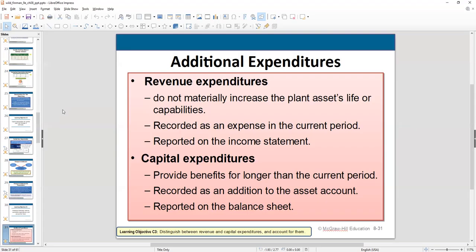So those are called the de minimis repair rules. But for our purposes, something is going to be a revenue expenditure or a repair if it just brings it back up to its normal operating position.